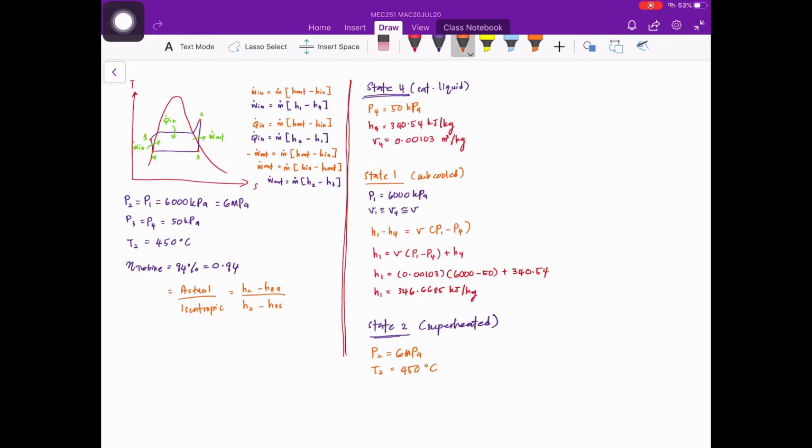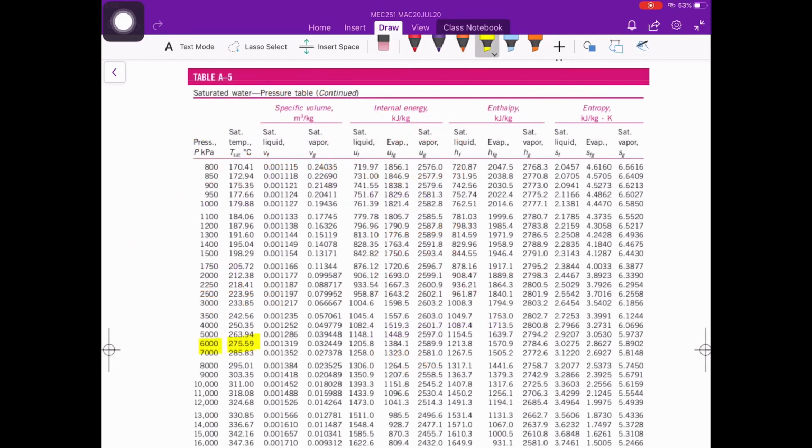Next, we are going to find the enthalpy for state 2. We know that state 2 is in the superheated phase. The information that we have is the pressure at state 2, equal to 6 megapascal or 6000 kilopascal, and the temperature equal to 450 degrees Celsius. Even if we perform the characterization for state 2 by referring to table A5, we're still going to get that the phase for state 2 is superheated.